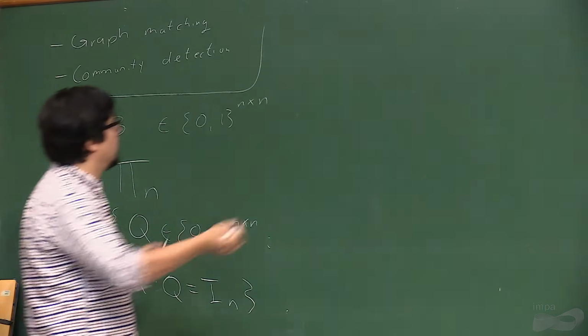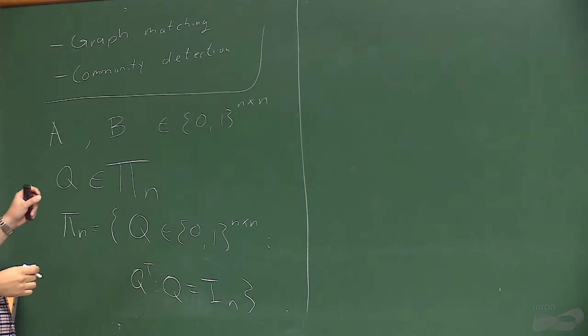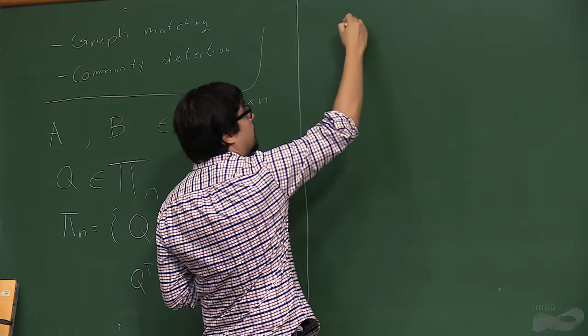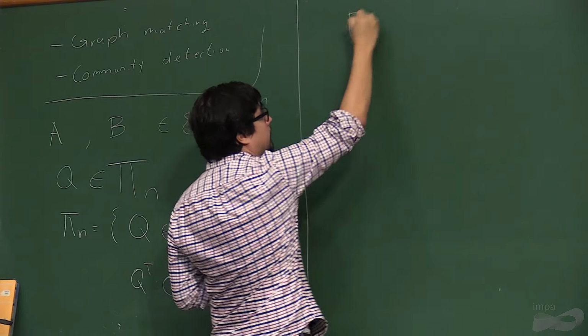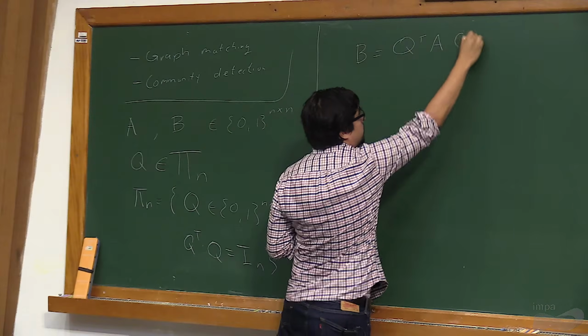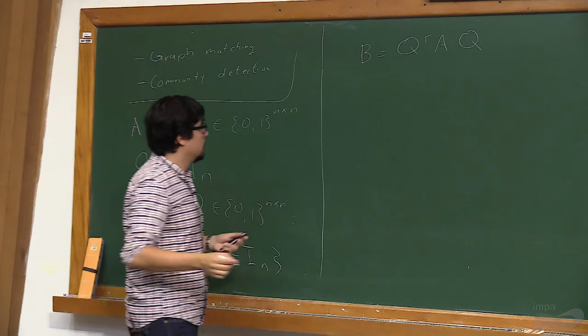And basically, in order to define this correspondence between the two graphs, we can write B as a permuted version of this adjacency matrix A. So basically, what this Q is doing is just shuffling the rows and columns.